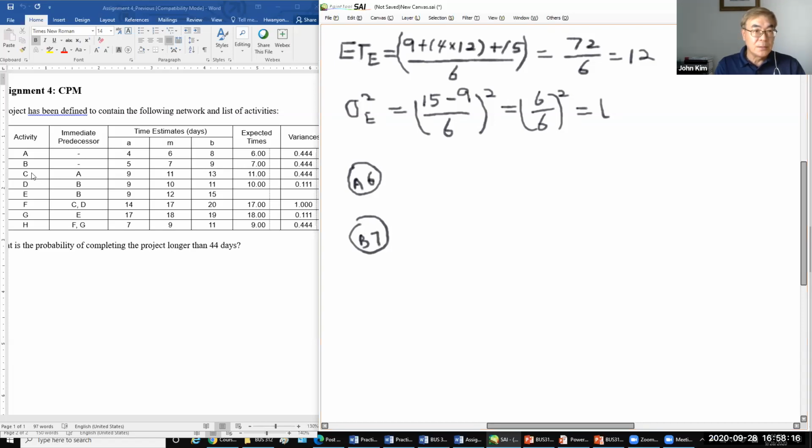And then C from A, and C is 11. And D and E from B. D is 10. E is 12.